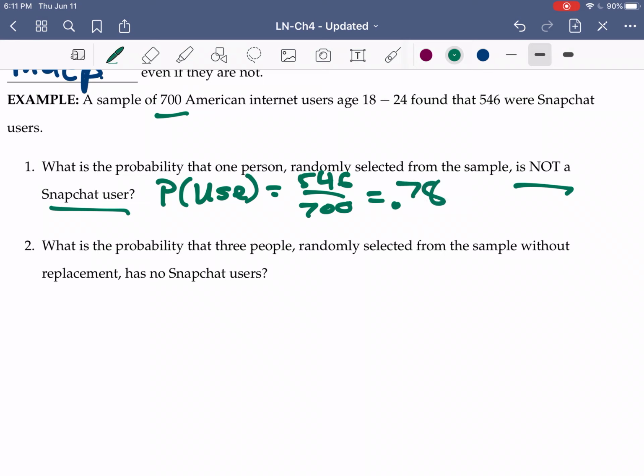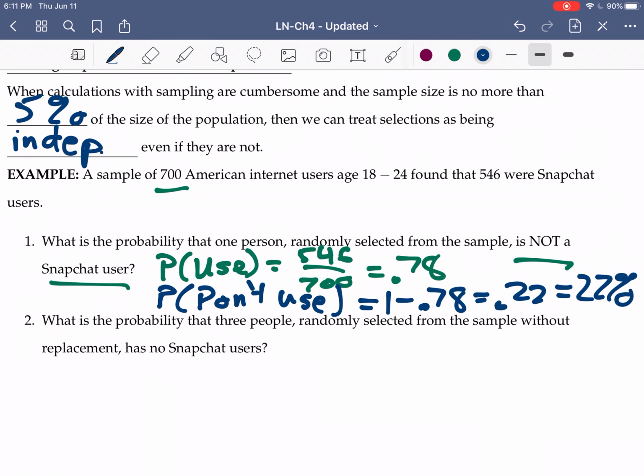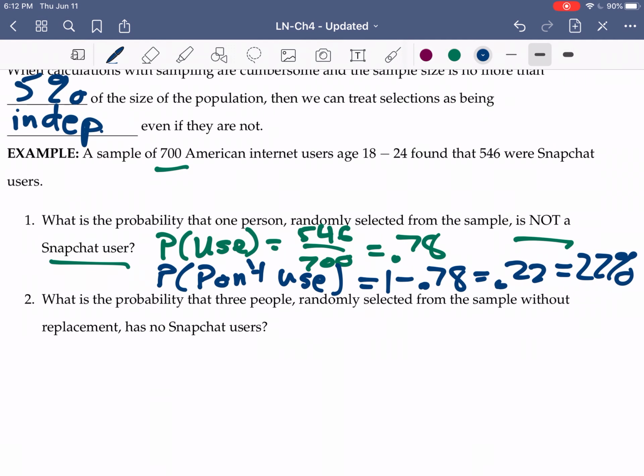The probability then that they do not use would be 1 minus 0.78. So if we just select one person from this sample, the probability that they do not use Snapchat is 22%. That was not so bad. We didn't use anything about independent or dependent events there.